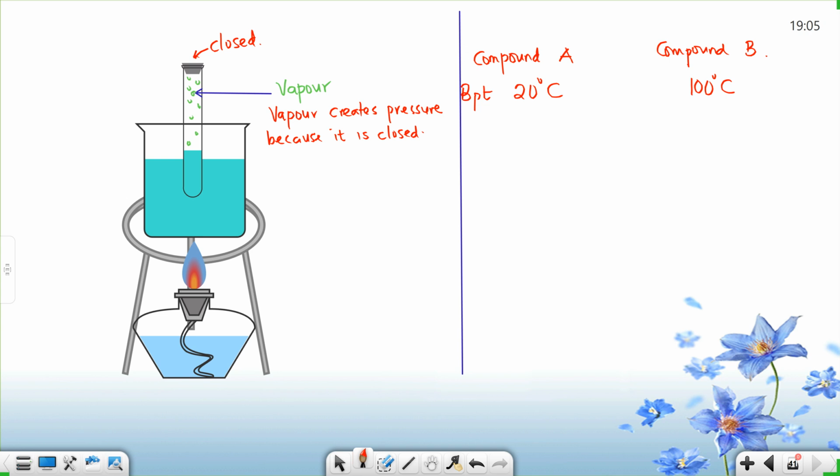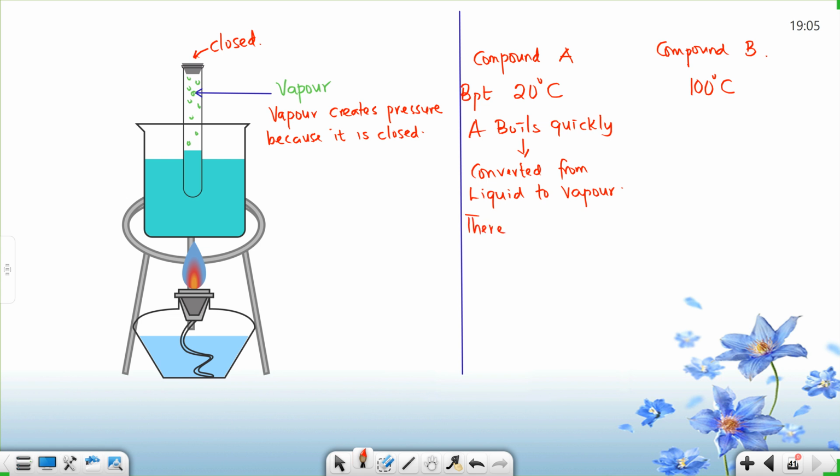That A boils first. Okay, beautiful. A boils quickly. That is, it is converted from what? Liquid to vapor. Oh, it means we are going to have more vapor.